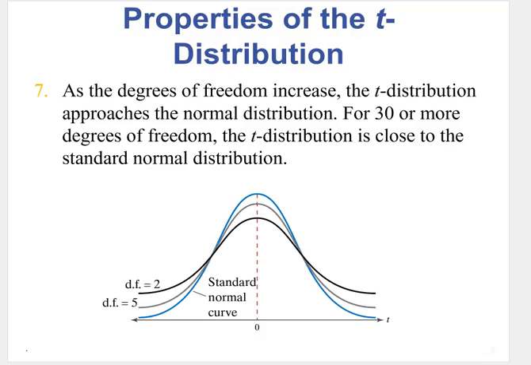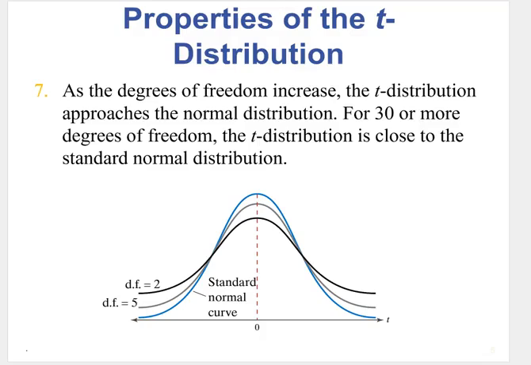In this picture, the blue curve is our standard normal z distribution. Notice as our degrees of freedom get larger, the curve gets closer and closer to the curve in blue. If you only have 2 degrees of freedom, which means a sample size of 3, we're in the black. Notice the tail is much fatter here, and the peak is much lower.